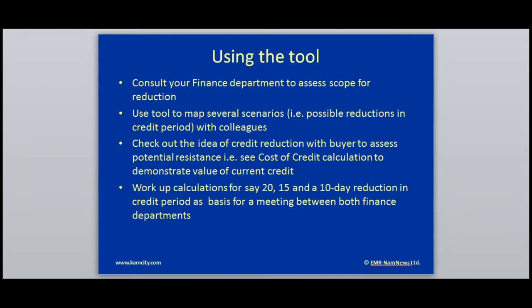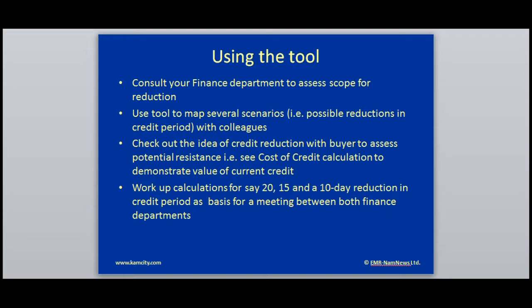In terms of actually using the tool, it's best to start with consulting your finance department on the various options and scope for various levels of reduction in payment period that fit in with company policy, what you're doing with other customers, etc. And then use the tool to map out several scenarios in terms of discounted levels for different periods.